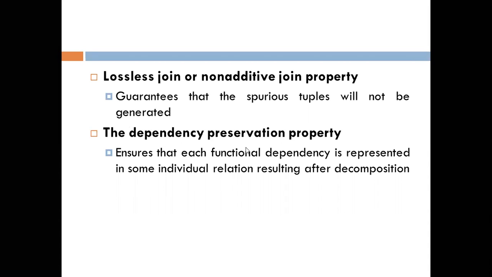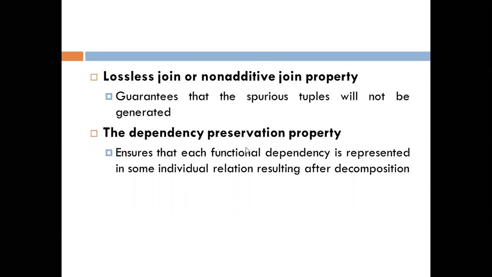So the two properties we must include, that is the lossless join. Lossless join guarantees that spurious tuple generation doesn't occur with respect to the relational schemas created after decomposition.